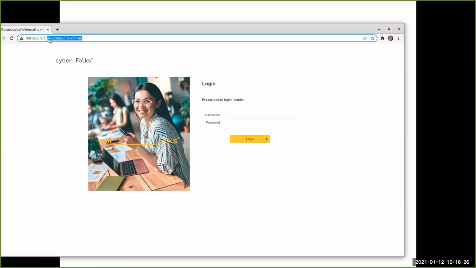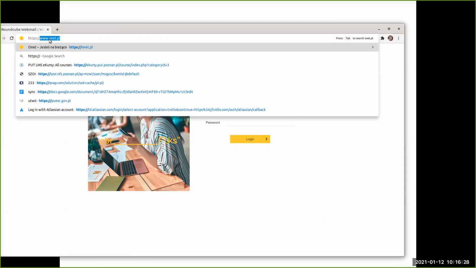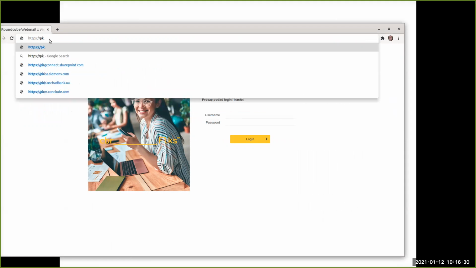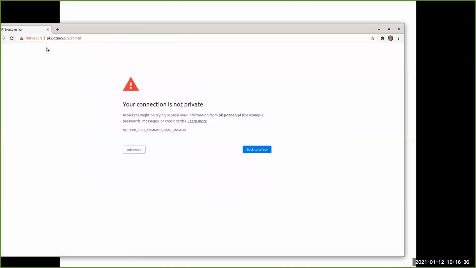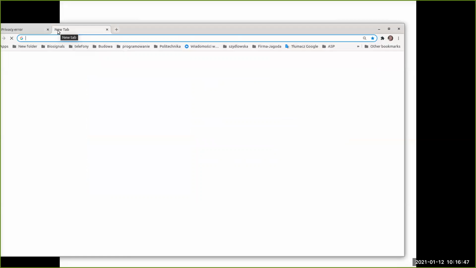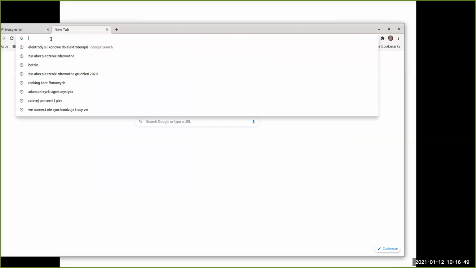So HTTPS. Okay, so look, I used an HTTPS connection. Maybe first I will show you mBank.